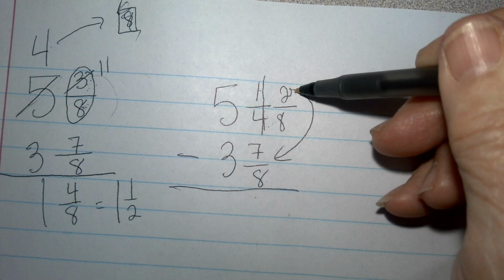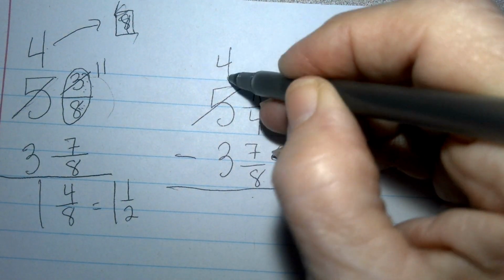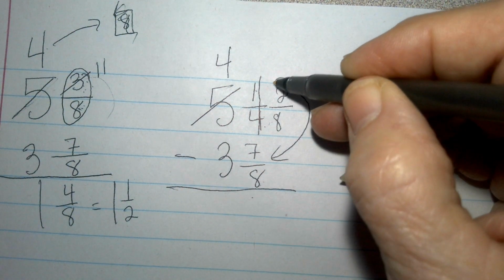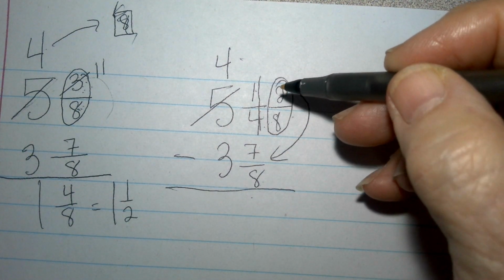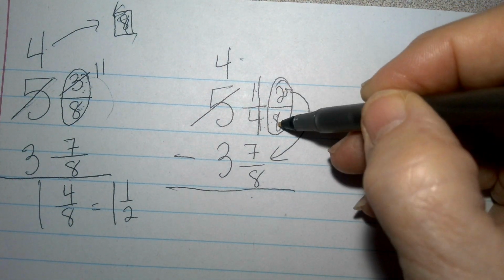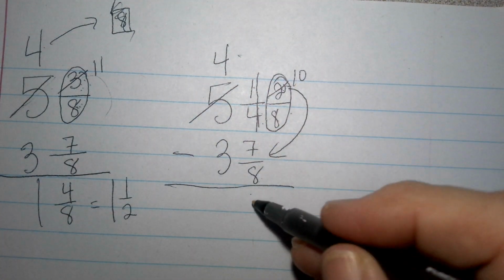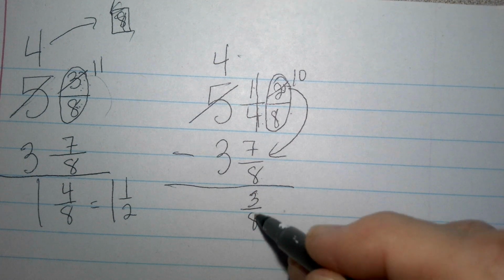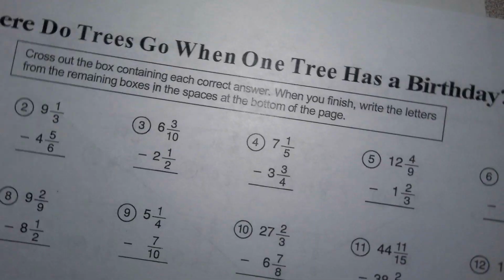Where am I going to get them from? The 5. I'm going to open a box and have 1 less, and I'm going to add these 2 numbers, open and add. So I'm going to have 2 that I had from before plus 8 more that's coming over. 8 and 2 is 10, and then I'm ready to go. So that's going to be the gist of what we're doing today. It's going to be the same thing. So I'm not going to help you with very many here.